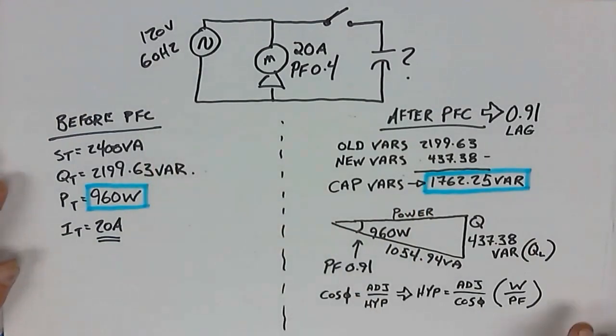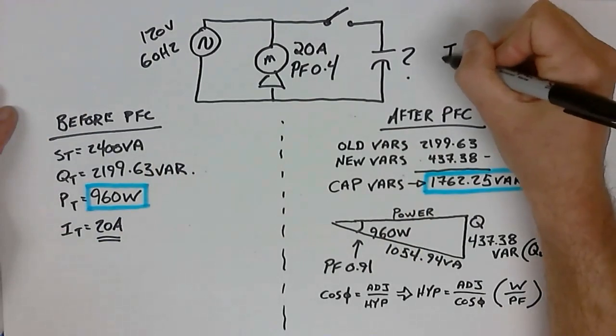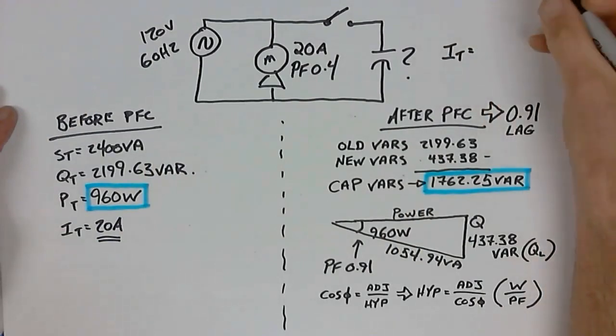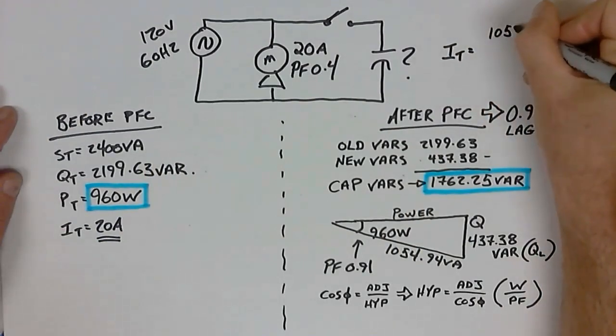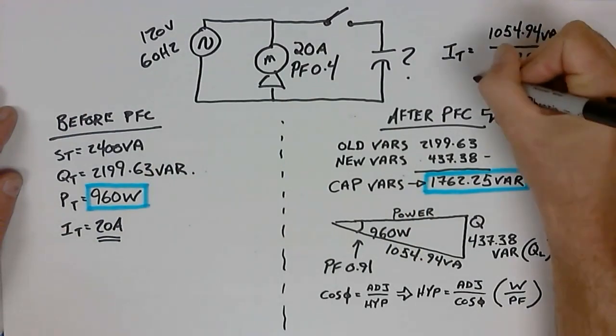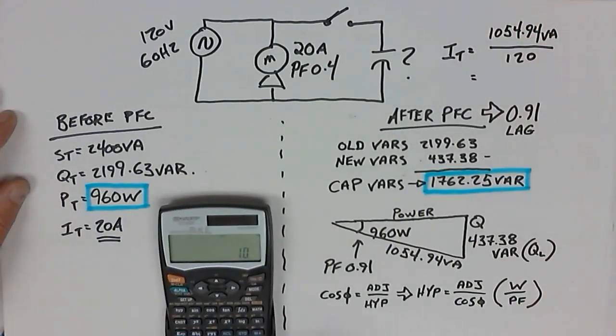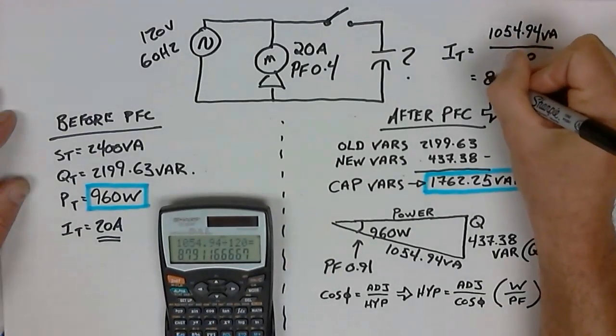So total VA is 1054.94. That means I total is equal to 1054.94 VA divided by 120. So use our calculator. 1054.94 divided by 120 volts gives me 8.79.